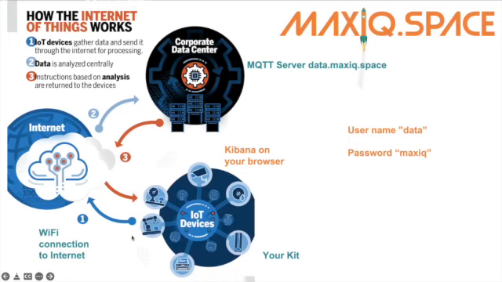So we need to make sure that we have some Wi-Fi connection, so we are able to connect our kit using Wi-Fi to the internet, so that data can then also complete step number 2 and go to a corporate data center. In this particular case, that corporate data center is the MQTT server called data.maxiq.space.